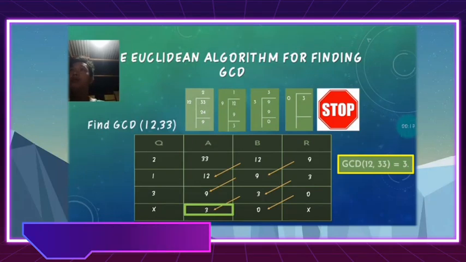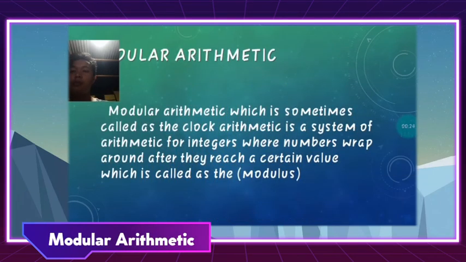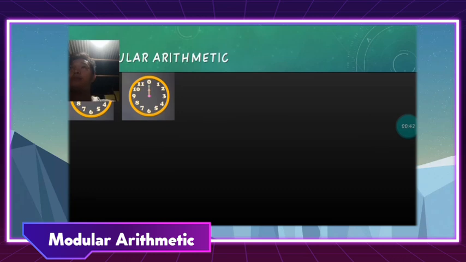Then we will proceed to the next topic, which is modular arithmetic. Modular arithmetic, which is sometimes called clock arithmetic, is a system of arithmetic for integers where the numbers wrap around after they reach a certain value, which is called the modulus. Let us use a clock for the example and replace 12 by 0, starting from midnight.